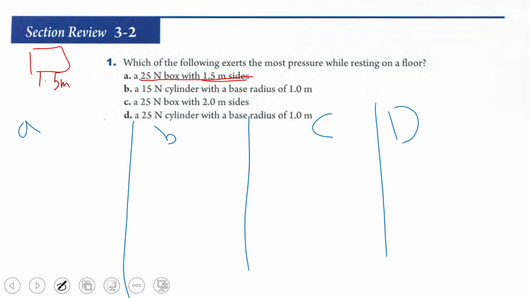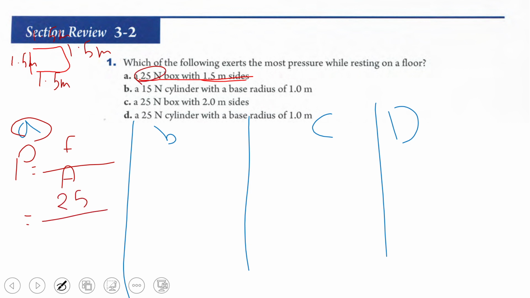Guys, the box is square. All of the sides have equal value, 1.5 meter. So the distance of each side is 1.5 meter. Find the pressure on this box. Pressure is equal to force over area. The force is 25 Newton, because Newton means force, over area.